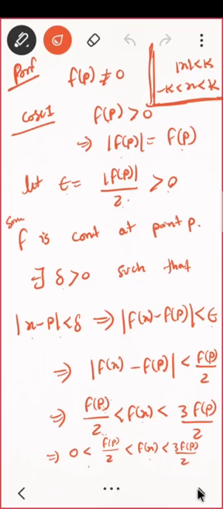Okay, nice. So if it is clear, then you have to do the case 2. What if your f of p is negative? So case 2 is left for you. Think about it and how will you do? I have already given you a hint. Since f of p is negative, so what will be mod f of p? That will be minus f of p, correct? So you just have to choose epsilon equal to mod f of p upon 2.